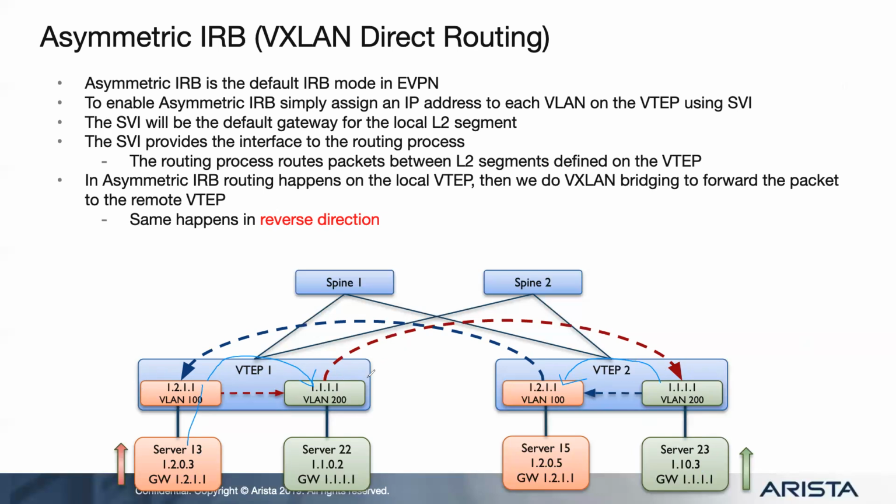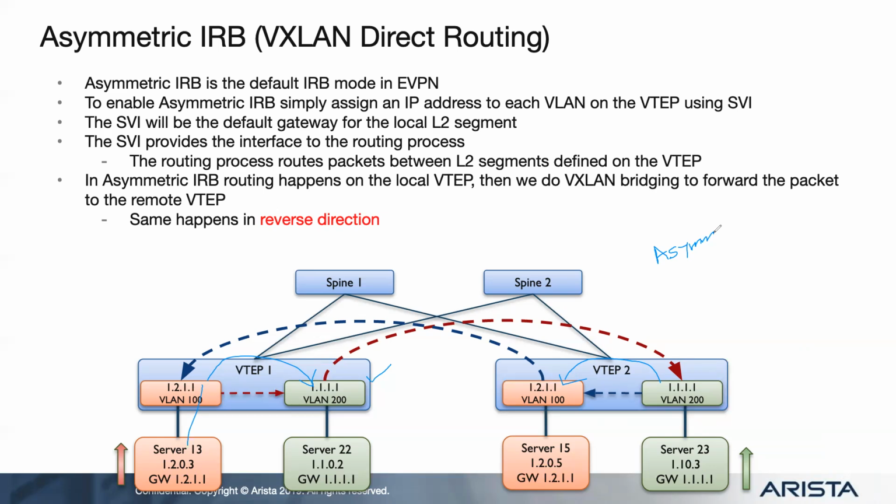The first VTAP, which is connected to the host, will do routing and then bridging. Similarly, for reverse traffic, it's this other VTAP. So that's why this is called asymmetric routing. Asymmetric means it's not only a single VTAP that will do routing every time for forward and reverse flow.